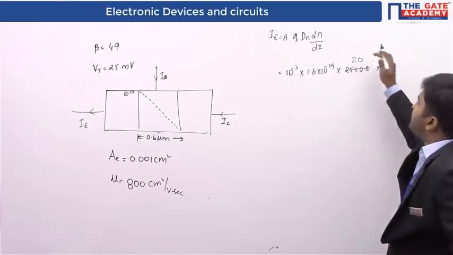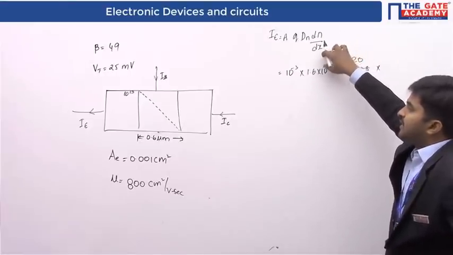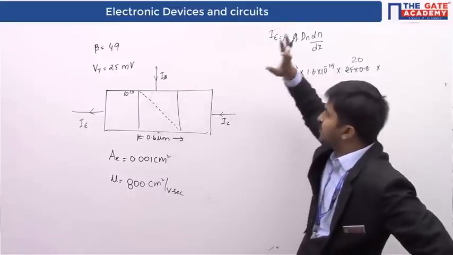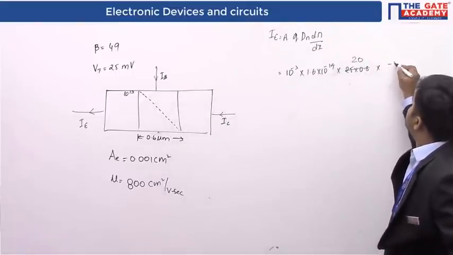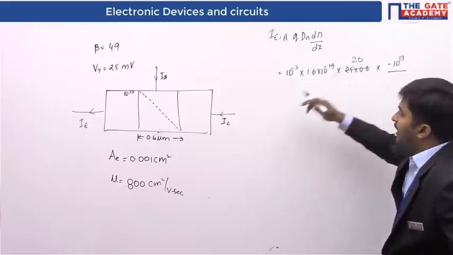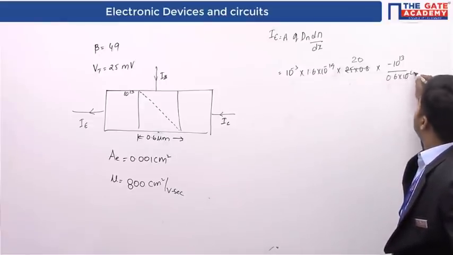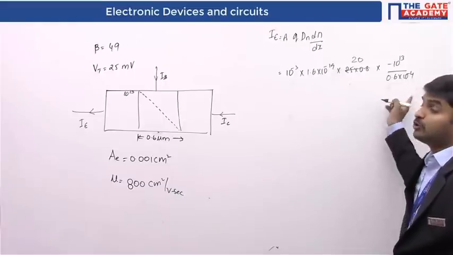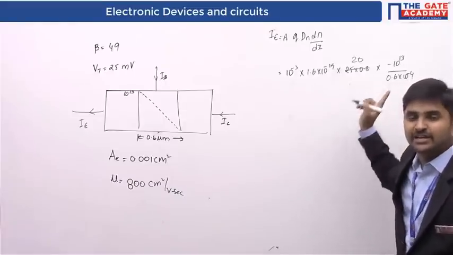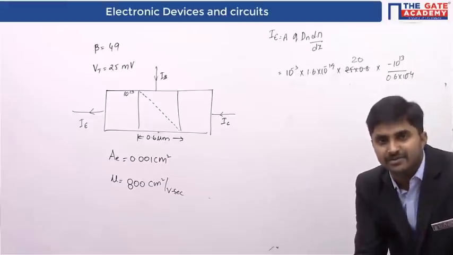And now dn by dx, what is dn by dx? It is nothing but the slope of this one. The slope is going to be minus 10 power 13 divided by 0.6 into 10 power minus 4. I will take it as 10 power minus 4, not 10 power minus 6, because we are ensuring that each and every term is in terms of centimeters.